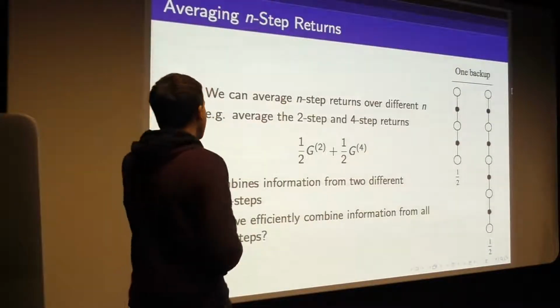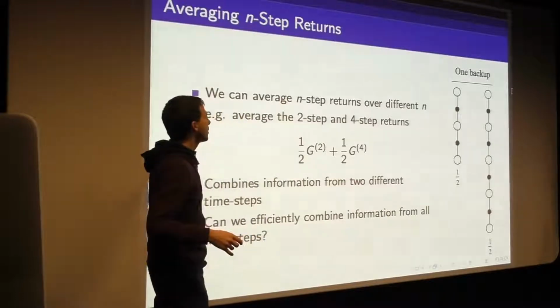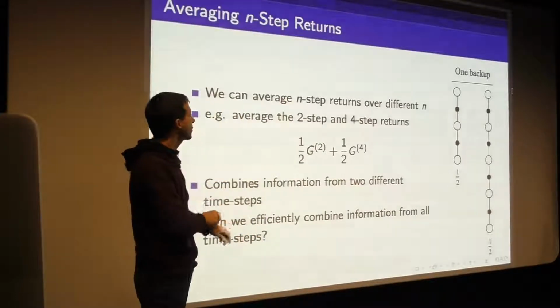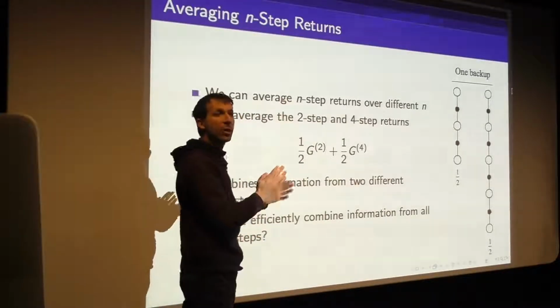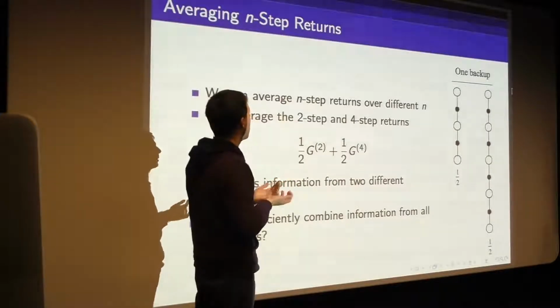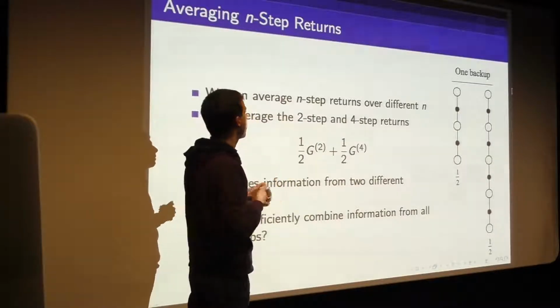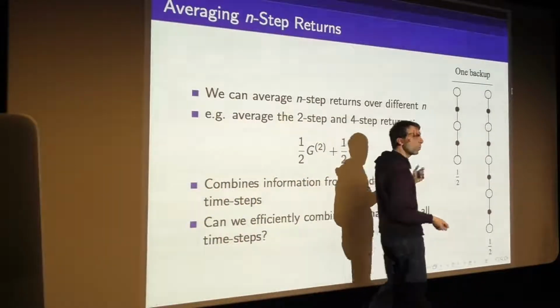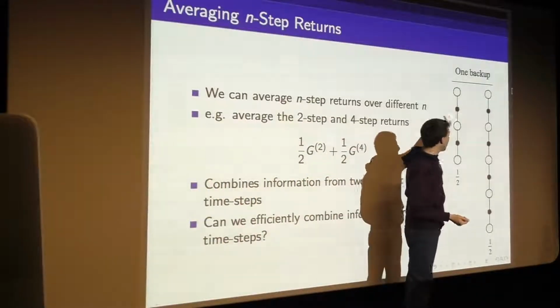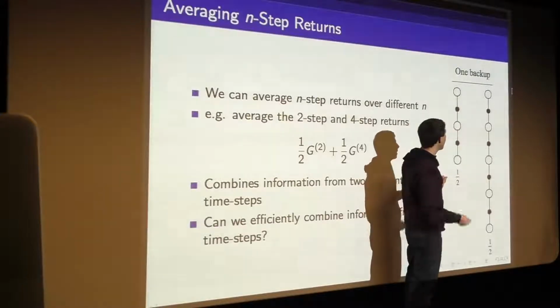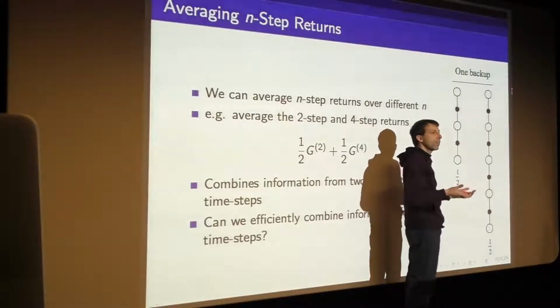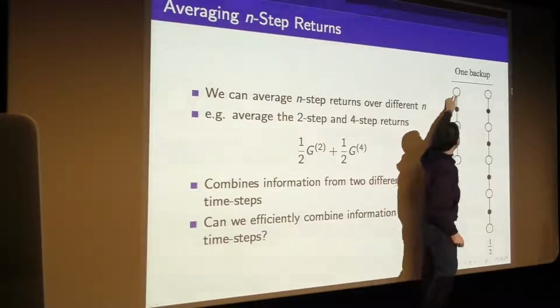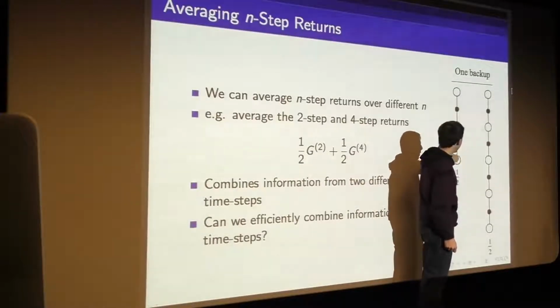So how do we do that? Well, the way to do that is to notice that we can average over these n-step returns. We don't have to just commit to one of them. We can take a target which combines multiple n-step returns together. So for example, consider this case where we're going to do one backup towards the average of both of these. Our estimate of the return now is going to be what happened after 2 steps and the value function.